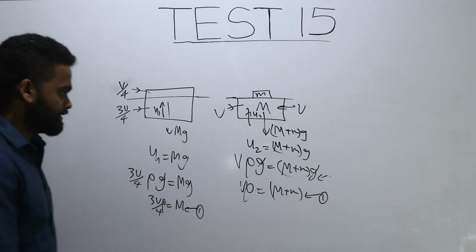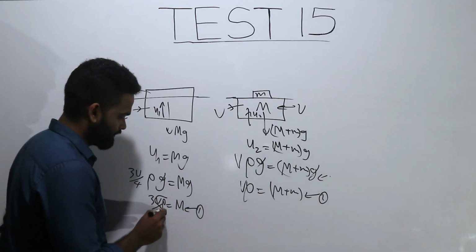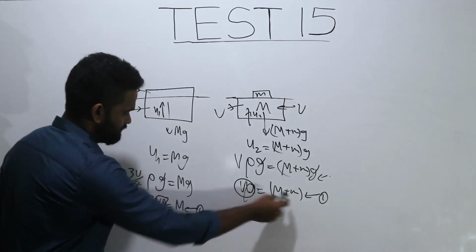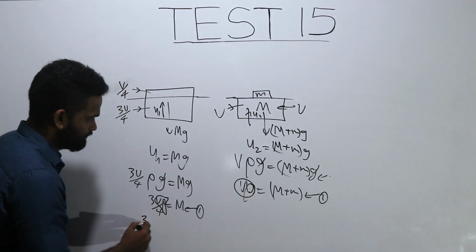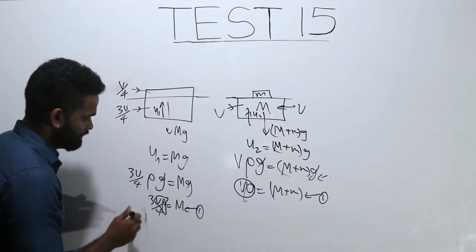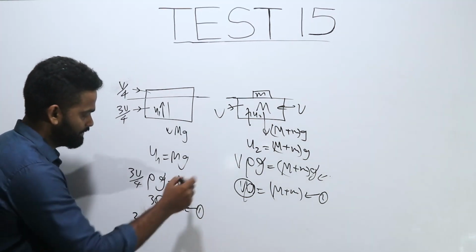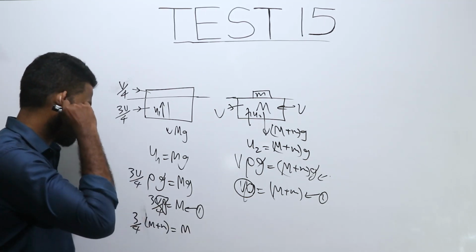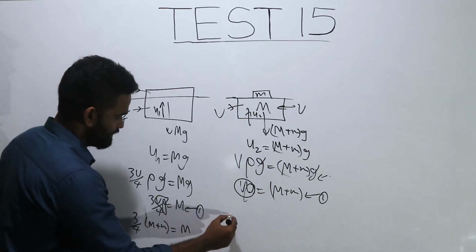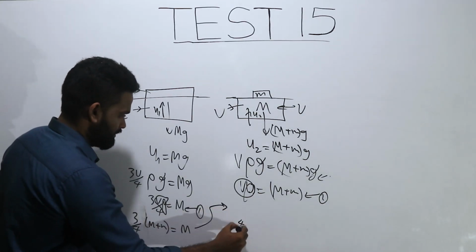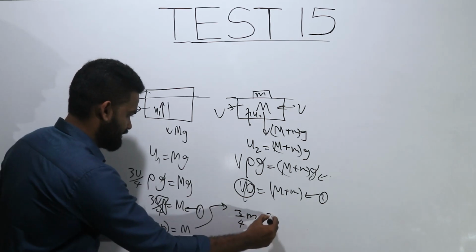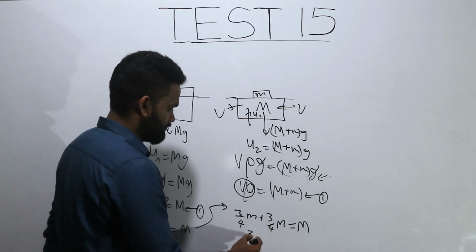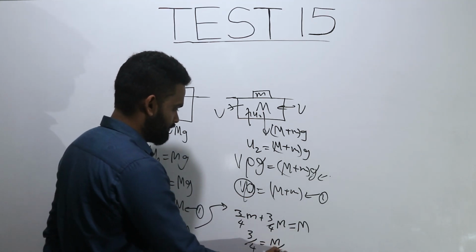So what we need is, we have V rho here, then you can substitute this V rho, meaning capital M plus small m. So you have 3/4 times (M plus m), which is equal to capital M. Then 3/4 of small m plus 3/4 of capital M equals capital M. So you have 3m/4 equals M/4.